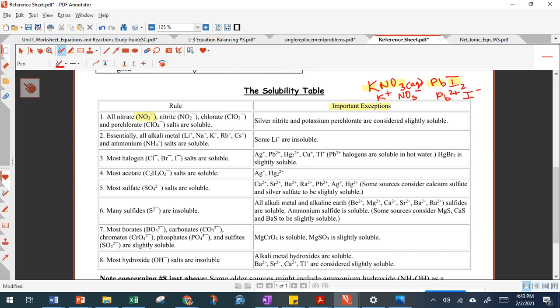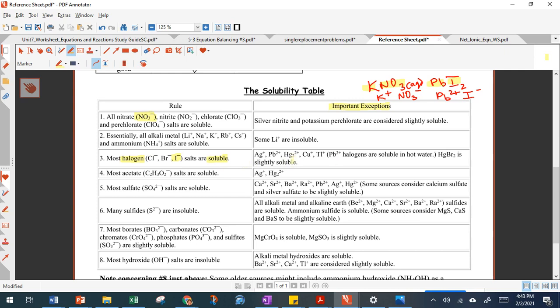Okay, the first rule does not apply to lead 2 iodide, does not apply to lead or iodide. The second rule does not apply to either one of those either. The third rule, though, does apply. So this says halogens. Iodine, remember, is a halogen. It says all of these are soluble, but I want to look at the exceptions.